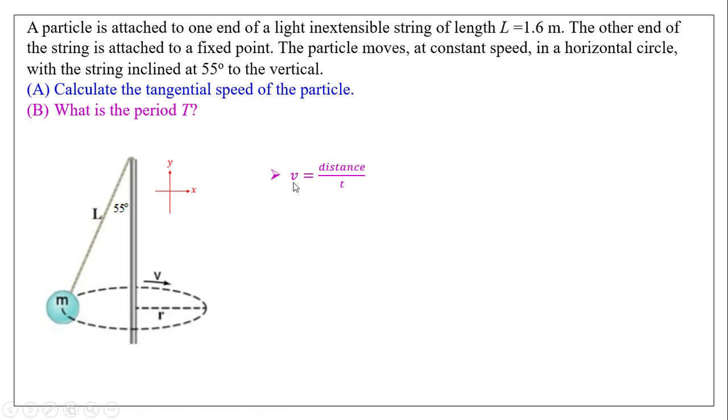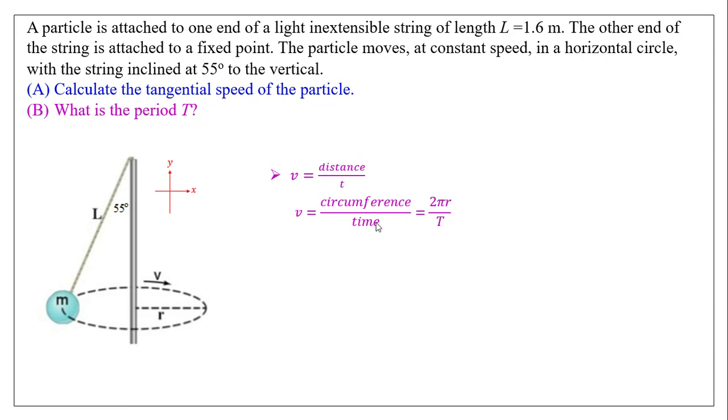Here, to find the period, I'm just going to use v is equal to distance divided by time, or speed is equal to distance divided by time. Well, I know that distance in this case is the circumference of a circle, because here the bob traces out a circular plane parallel to the floor. So circumference in math is 2 pi r, and then here's time.